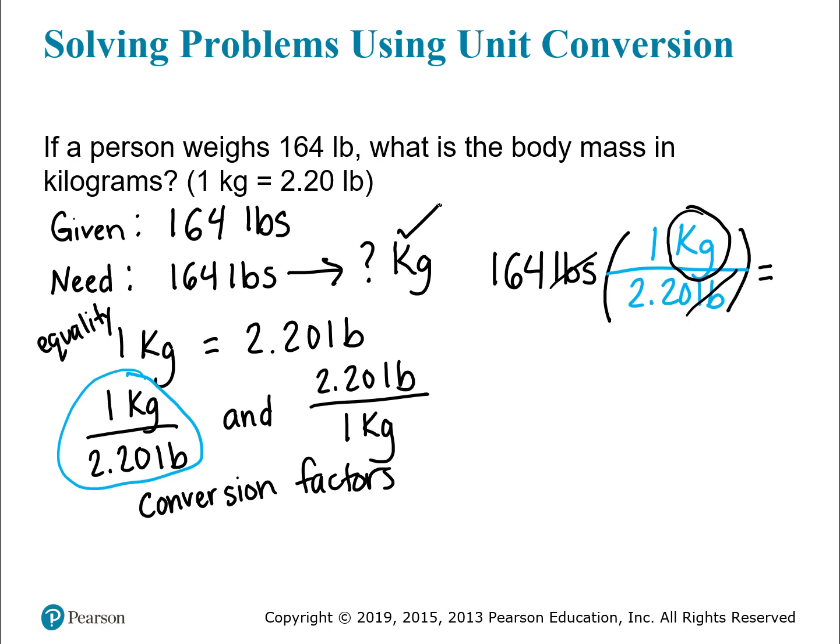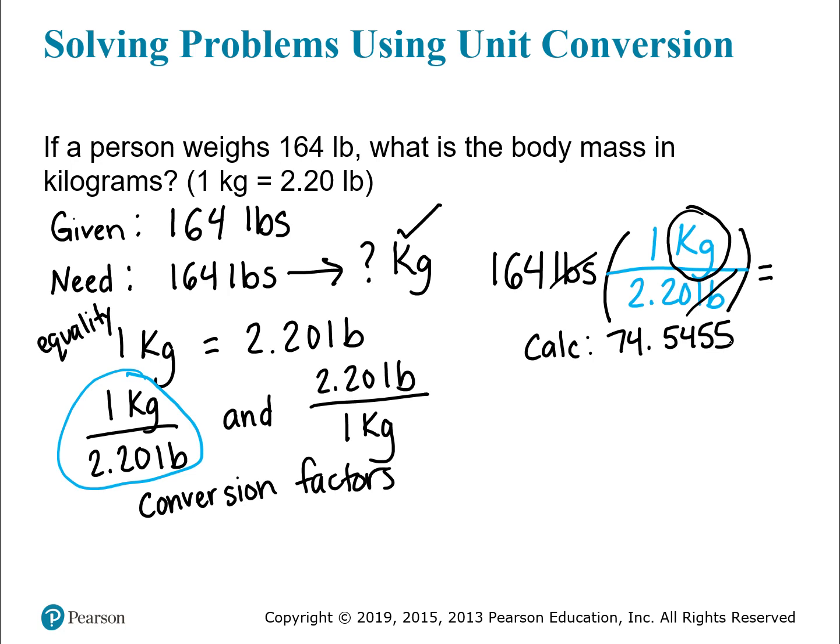You want to make sure that you know what you're doing and that what calculations you do will actually give you the right answer. When you put that into your calculator, you're going to say 164 divided by 2.2. And your calculator is going to tell you a number with a bunch of digits.